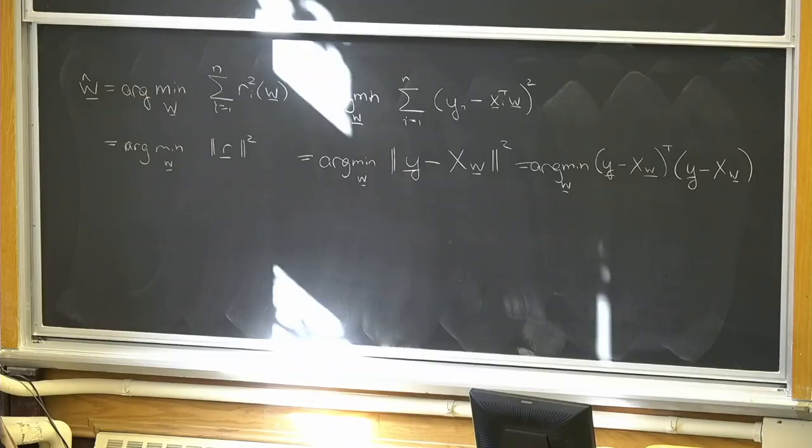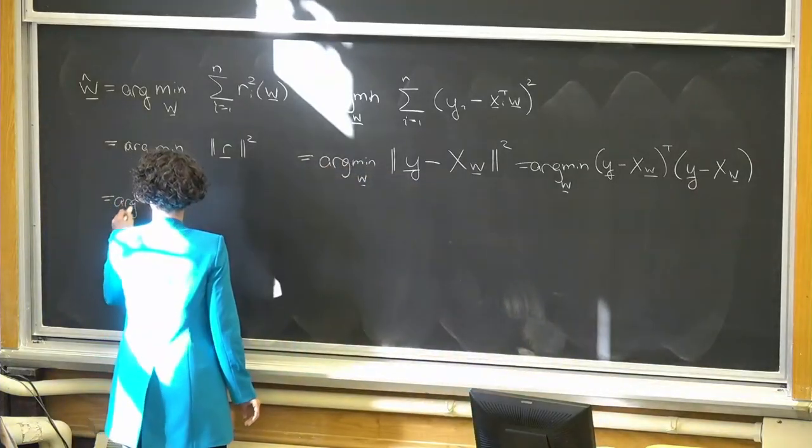This is just using the notion of the Euclidean norm. And now I'm going to expand this even further using the same kind of FOIL trick that you learned in algebra, but now applied to vectors and matrices.